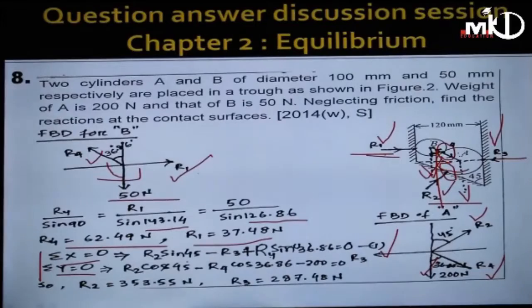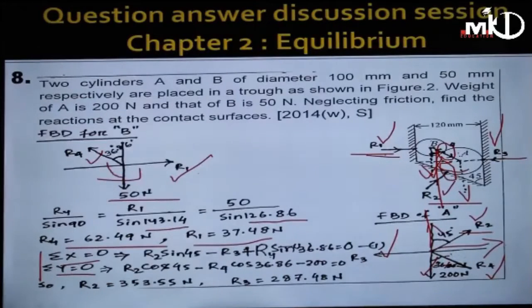Now total forces along x direction. So R2 is resolved into its two components. One is along positive x, R2 sin 45 and R2 cos 45, because 45 is the same for both. So in x direction we have R2 sin 45, and the component of R4 will come, R4 sin 36.86, in the horizontal direction.